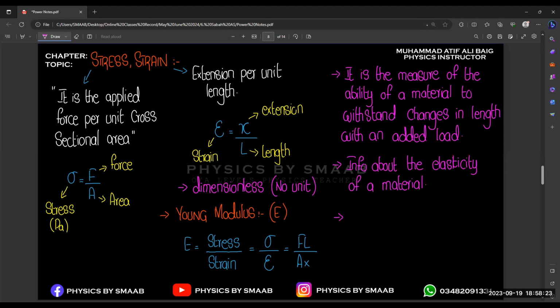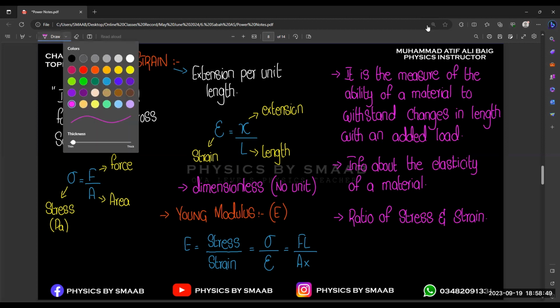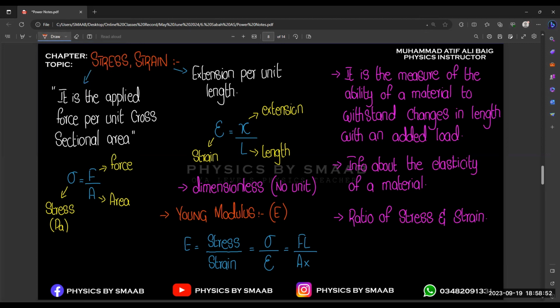Or you can simply define it as the ratio of stress and strain. So Young modulus is also a very simple concept. I hope it is not a very difficult thing. It's just a new concept. And if we talk about the SI unit, again it will be equal to pascals.